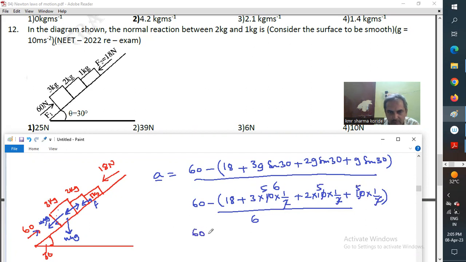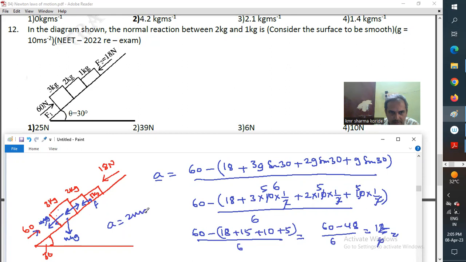So therefore 60 minus, 18 plus 15 plus 10 plus 5, whole divided by 6. So therefore this is going to be 33, 43, 48. So 60 minus 48 whole divided by 6. So this will be 12 by 6. So combined acceleration is 2 meter per second squared.